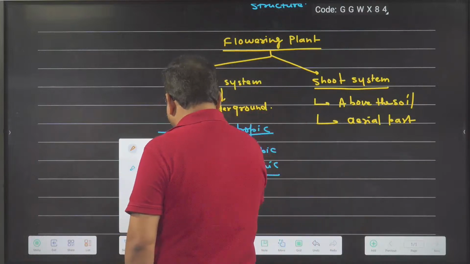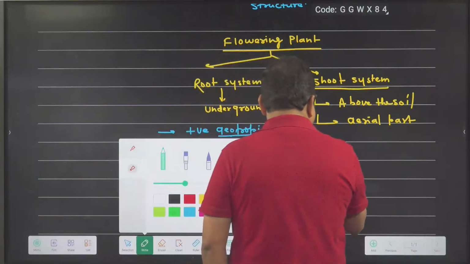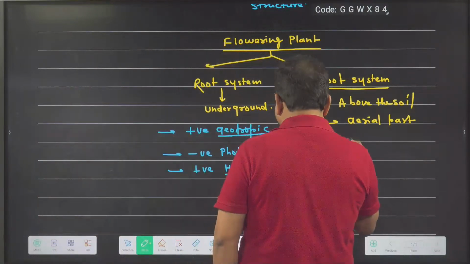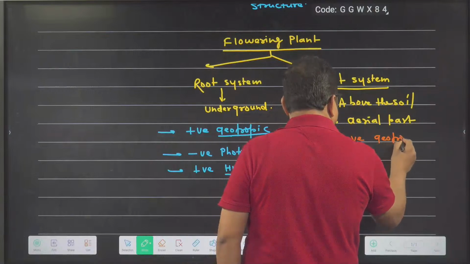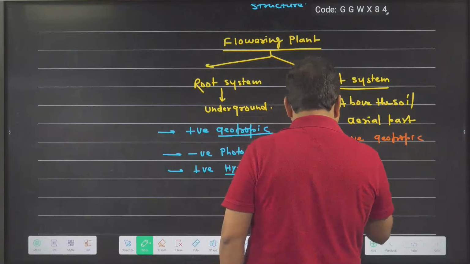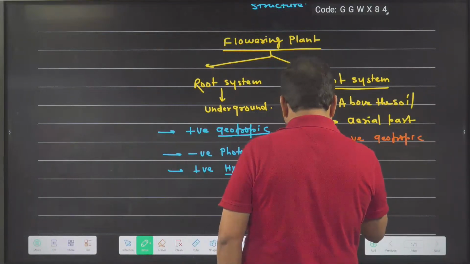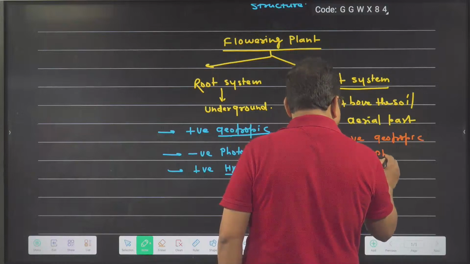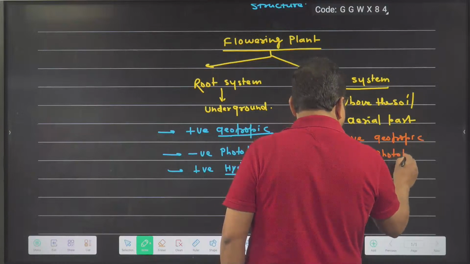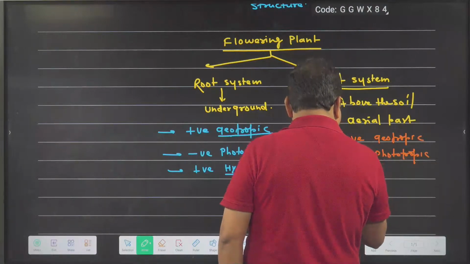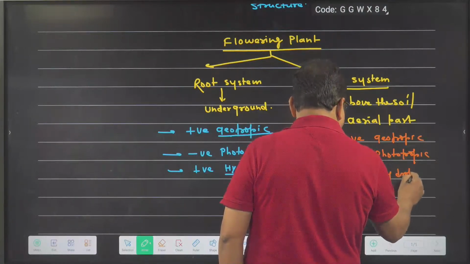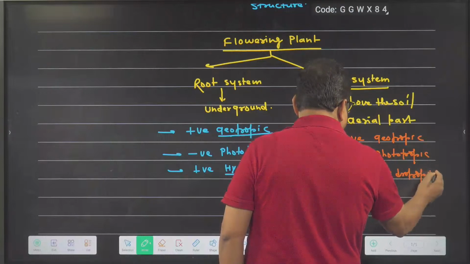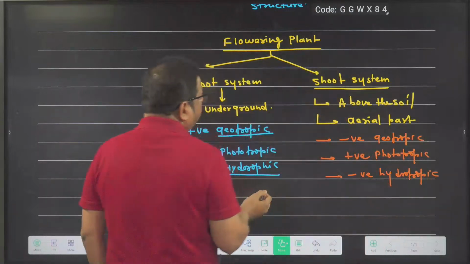You can write it is negative geotropic. It is moving against the gravity. It is positive phototropic, moving toward light. And it is also negative hydrotropic.